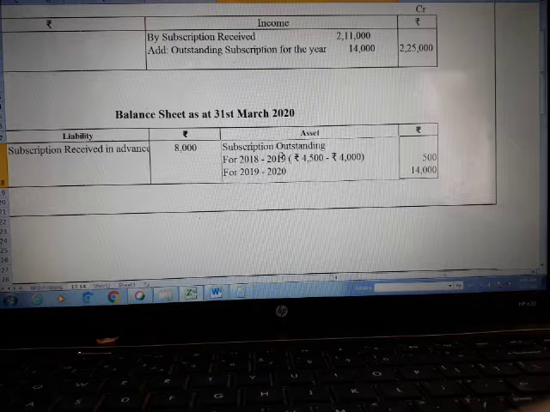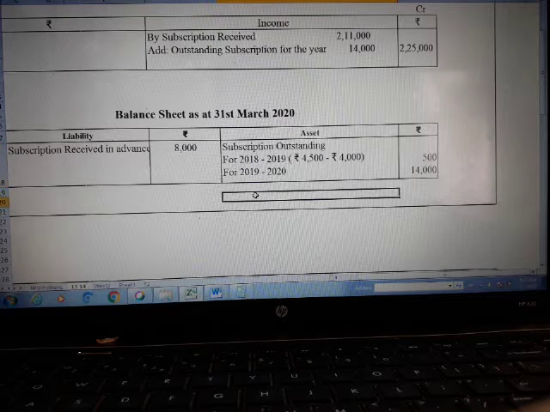Moving on to the asset side. On my asset side, I have to show outstanding subscription. Why? Because subscription outstanding is nothing but accrued income. So accrued incomes are nothing but an asset. So outstanding subscription is an asset, and I am writing it on my asset side. Subscription outstanding, I have to show the value for two different years.